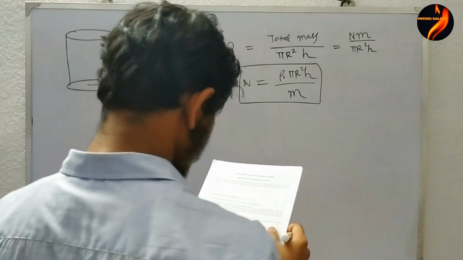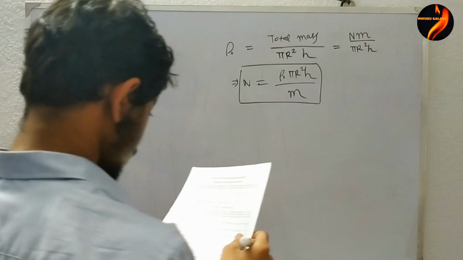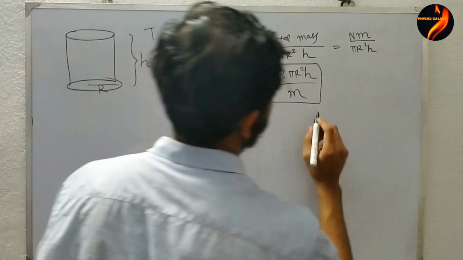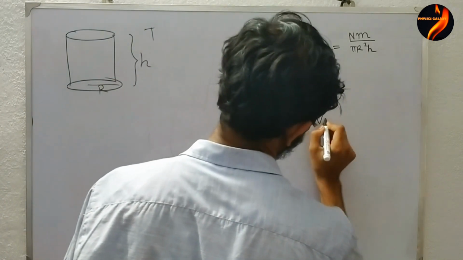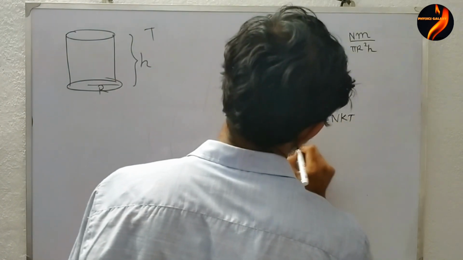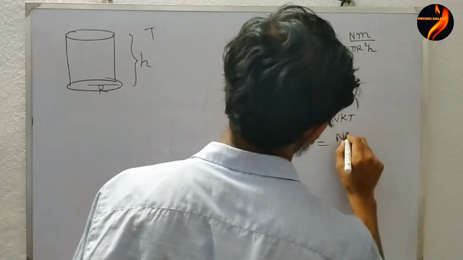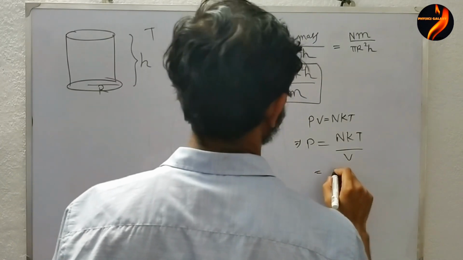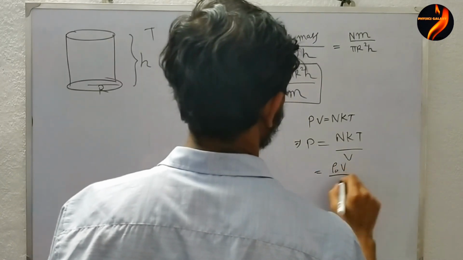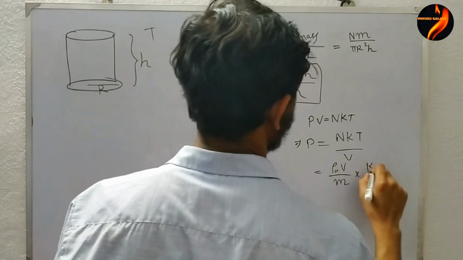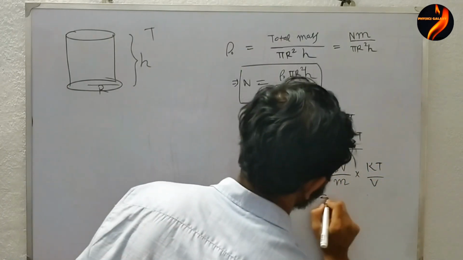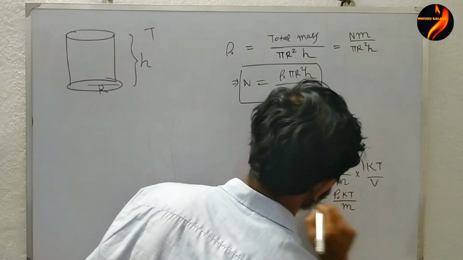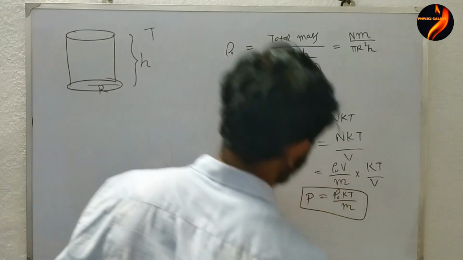Then they ask to find the pressure on the wall. As it is an ideal gas, PV equals NkT, so pressure equals NkT by V. Now N means rho naught times V by m, times kT by V. So pressure is rho naught kT by m.